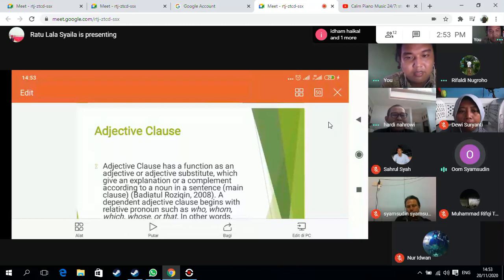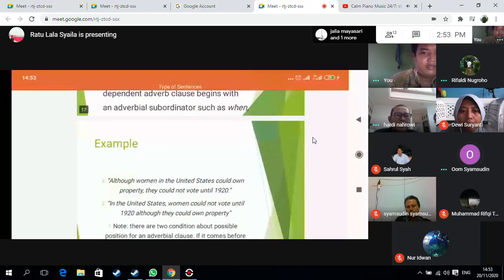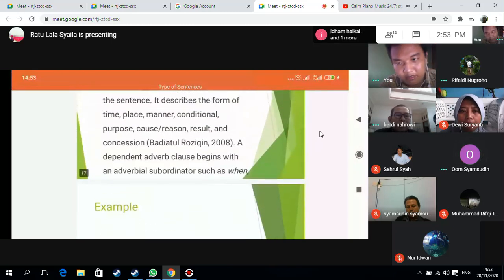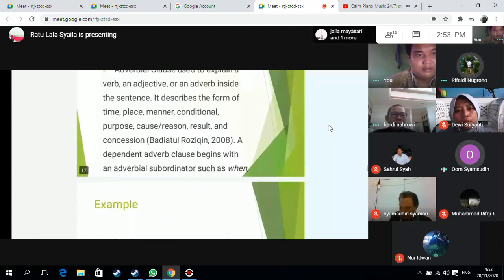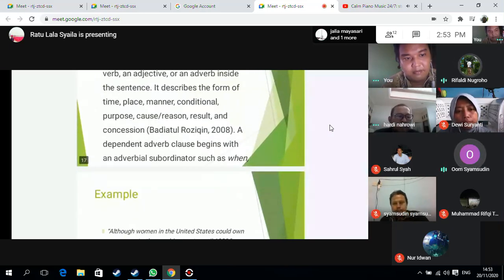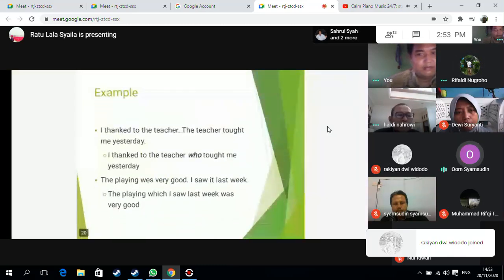Now the second example, sorry, Bu Lala. Pak Rifaldi taught us about adjectives. "I thank to the teacher. The teacher taught me yesterday."